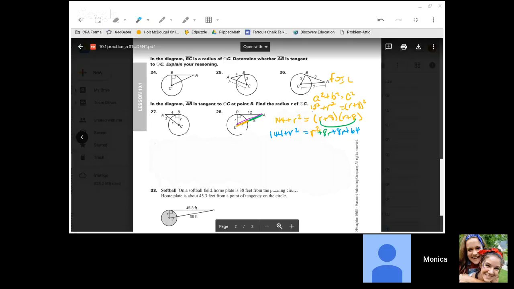So Thatcher, take that and plug it into both sides and see if both sides equal each other.